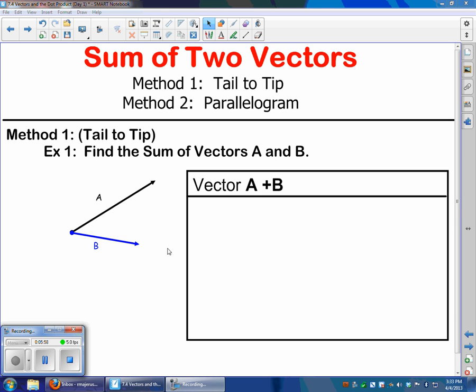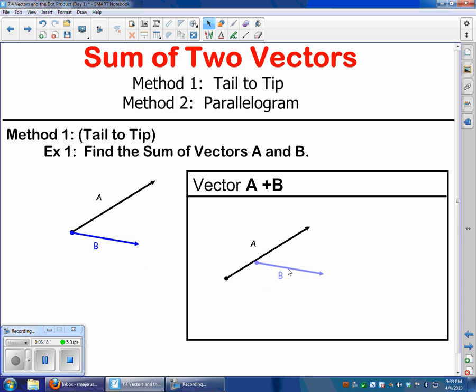So if we want to find vector A plus B, and the order is semi-important here, we'll start with vector A. Okay, so here's vector A. And what we'll do is move vector B to the tip of vector A. So here's where they started.